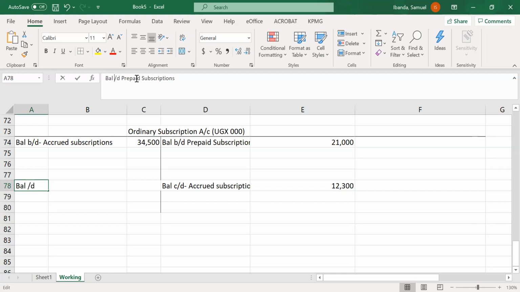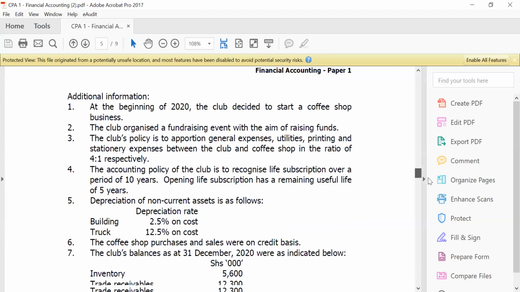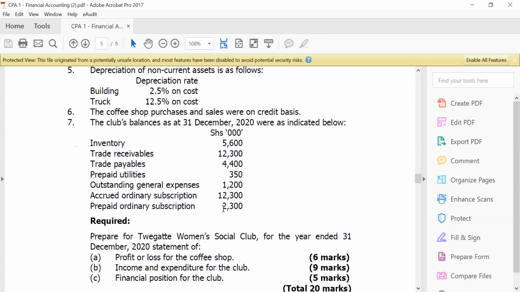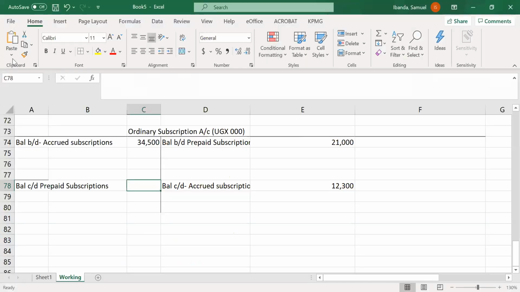So what is my balance carried down for prepaid subscriptions? How do I get that value? I come to my balances. The balances given at the end of the year will give me my prepaid subscriptions at the end of the year, which is my balance carried down, which is 2,300. So I'll come here and put the 2,300.